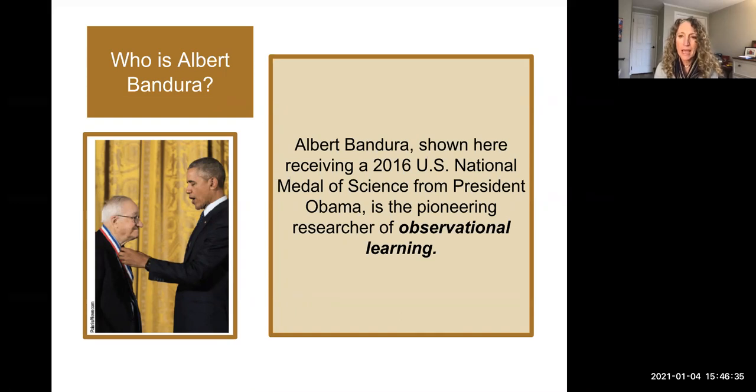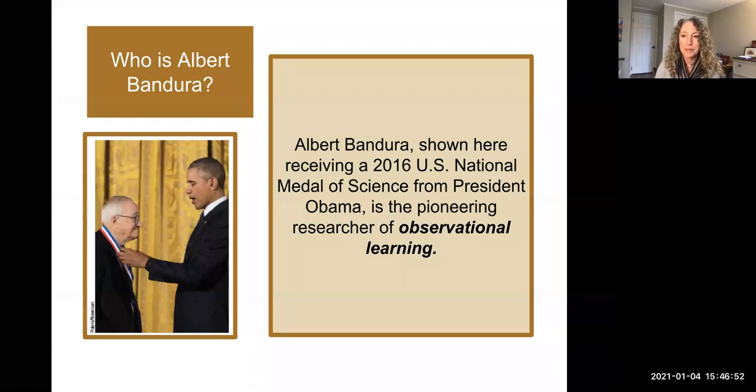He's most famous for something called the Bobo doll experiment. He actually made a joke, saying he just wanted to change his image. He didn't want to be completely associated and identified with this Bobo doll, but it's a pretty significant experiment, so I'm going to talk about it. We're going to see the footage in class.